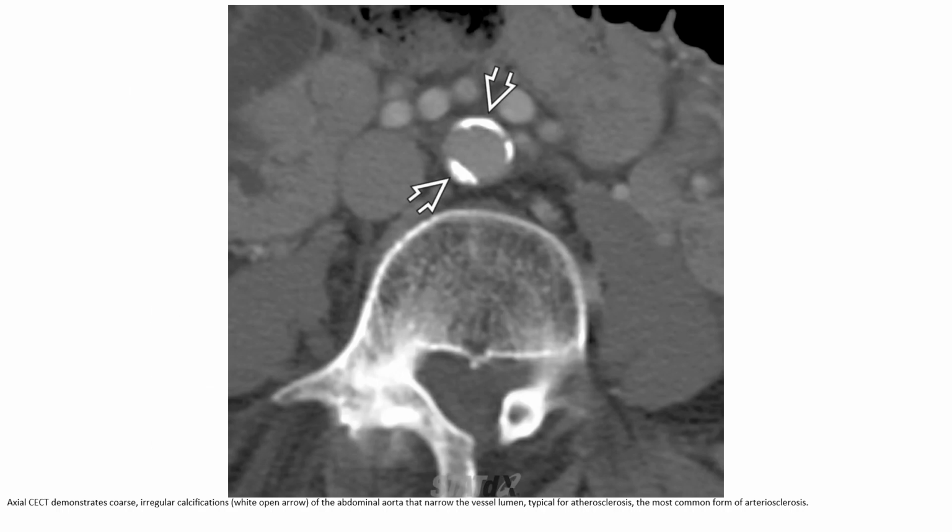Let's see the first example. This contrast-enhanced CT demonstrates focal irregular calcification of the abdominal aorta that narrows the vessel lumen, the intimal type of atherosclerosis, the most common form of atherosclerosis.